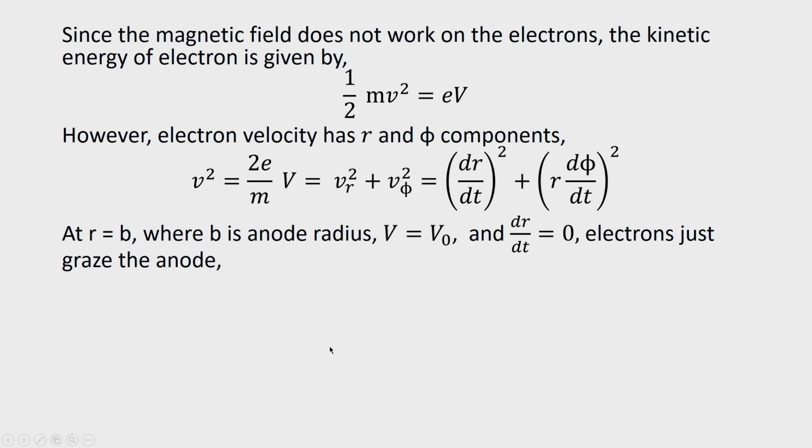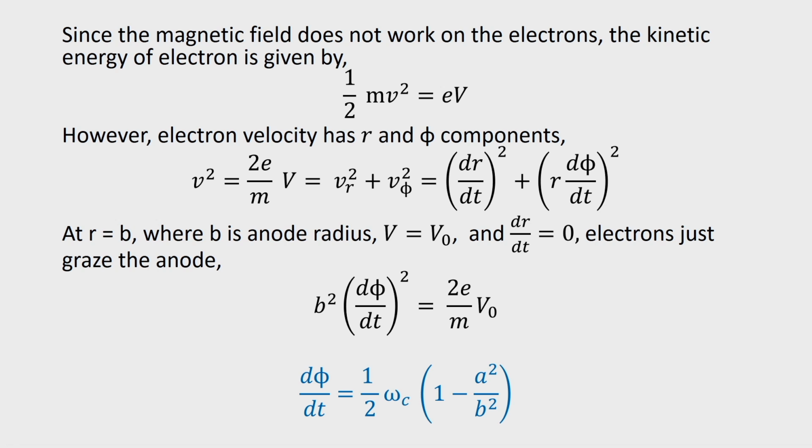So, if we put these conditions, then we get b square d phi by dt square is equal to 2E by m V naught, because we are putting dr by dt equal to 0. Therefore, we get d phi by dt is equal to half omega c.